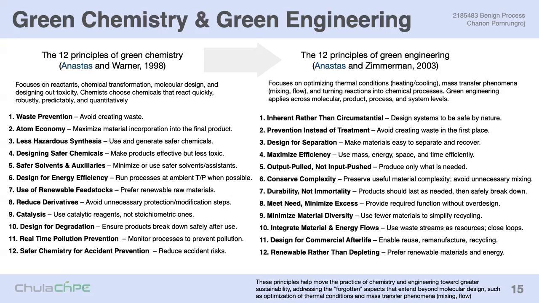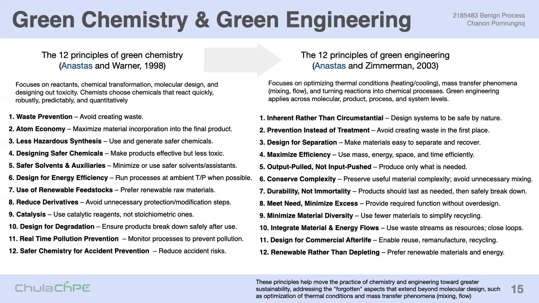Nine is catalysis, to make the process faster and better. Ten is design for degradation: ensure the product breaks down after use, so the product shouldn't last forever. Eleven is real-time pollution prevention, more like a monitoring system for the process. Twelve is safer chemistry for accident prevention, to reduce accident risk. These are the 12 principles created by Anastas back in 1998.